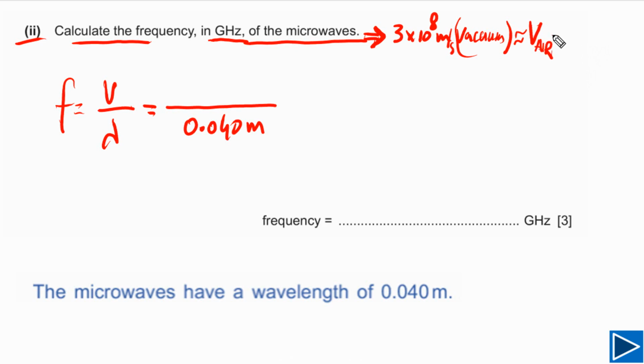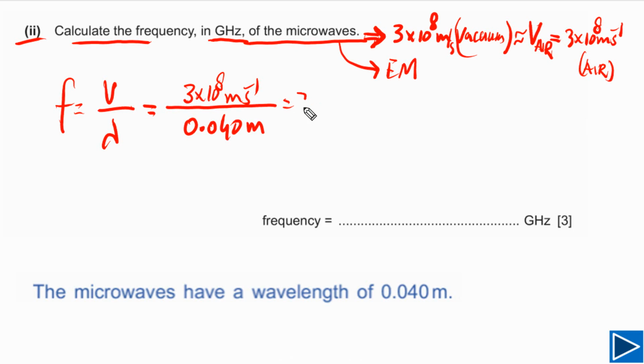So the speed of electromagnetic waves in air is also equal to 3 times 10 to 8 meters per second. A microwave is also an electromagnetic wave, so its speed is also 3 times 10 to 8 meters per second in air. So we can write down here that the speed of microwave in air is 3 times 10 to 8 meters per second.